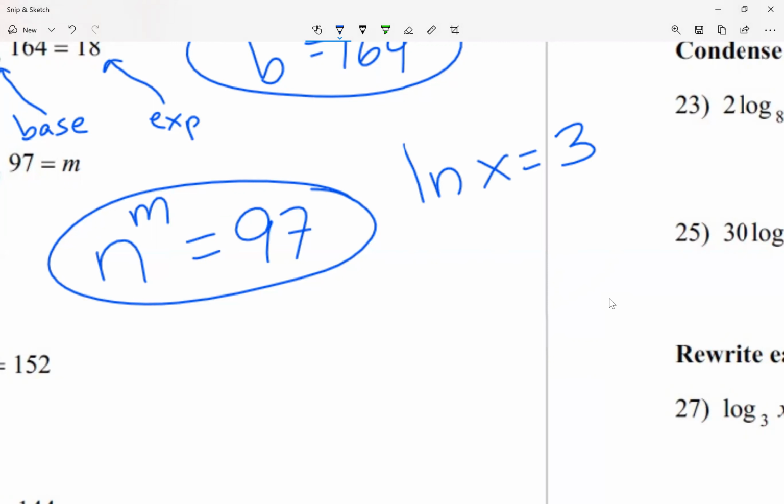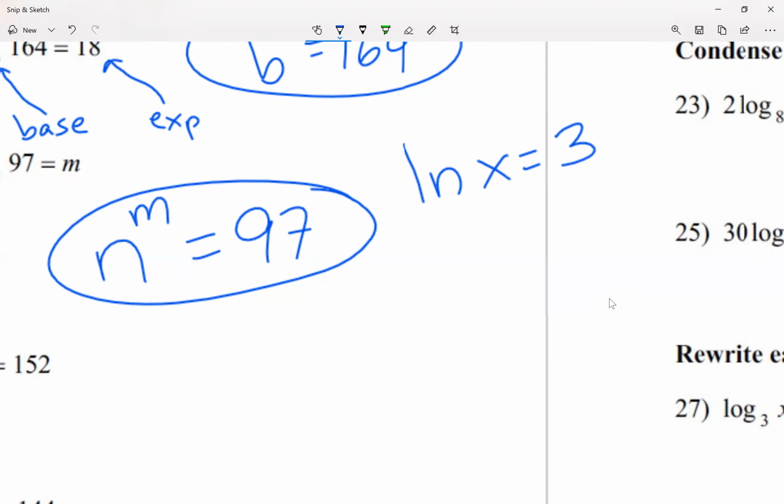I don't see anything for the base here. The base for natural log will always be the letter E. E is actually a number. It's about 2.7. It's named after Euler, spelled E-U-L-E-R.